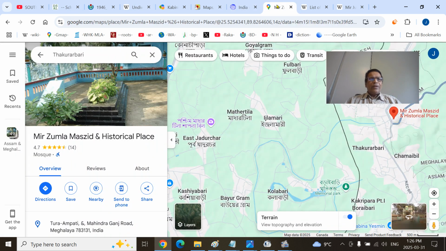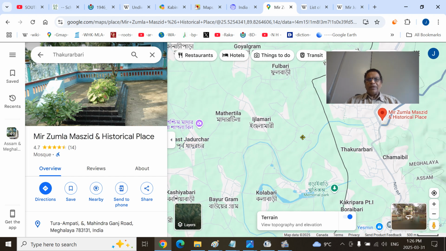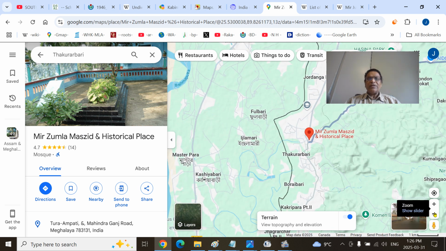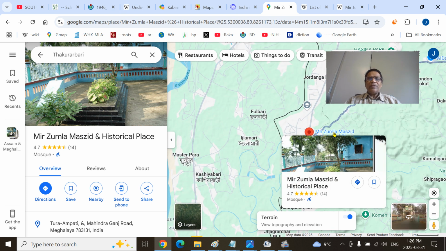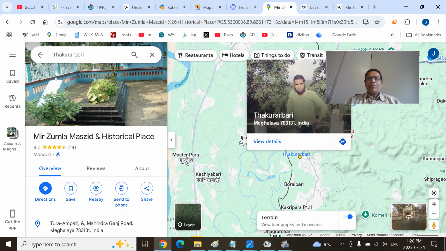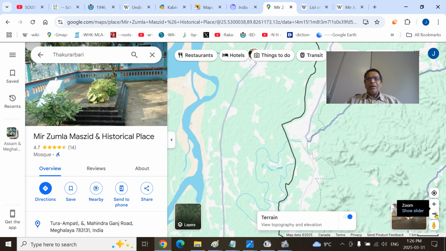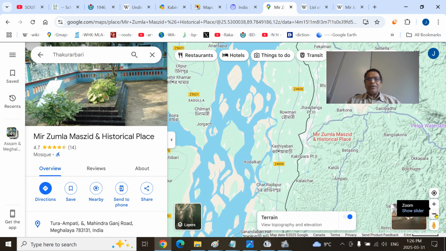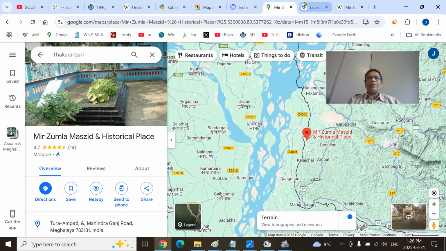Mir Jumla invaded and he died in 1663. His mazar, or mausoleum, that is the funerary architecture, resides in this region, called Mir Jumla Masjid, Thakurbari town. Thakurbari town, that is in the Garo region, is a border between the historic Goalpara district, previously called Dhubri district, now South Salmara Manakchar region.